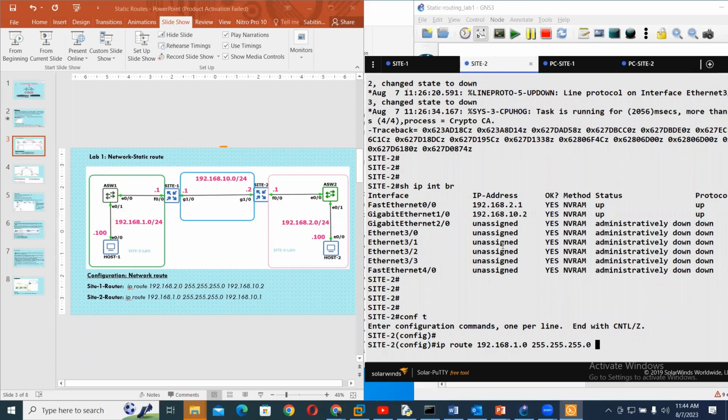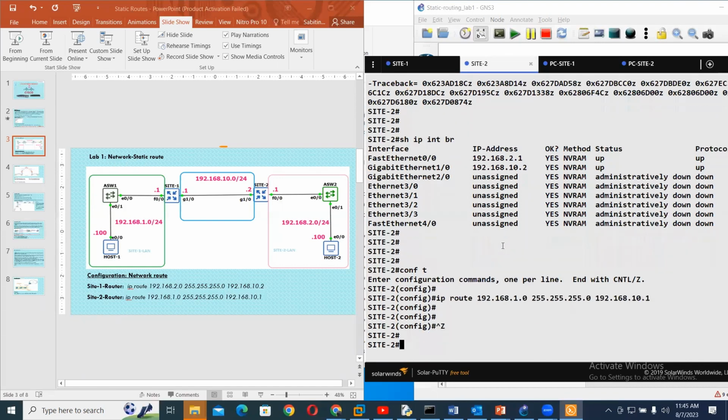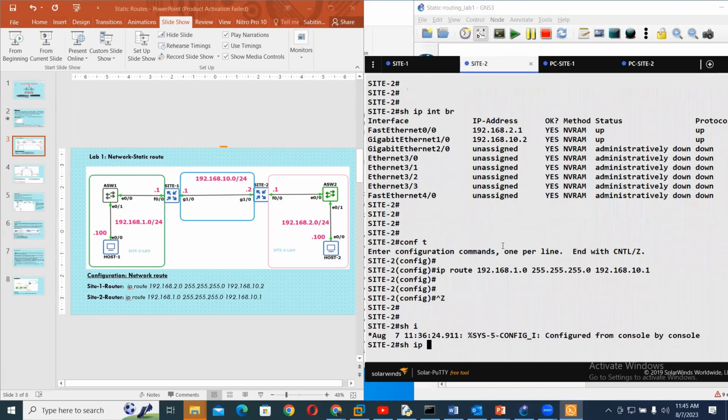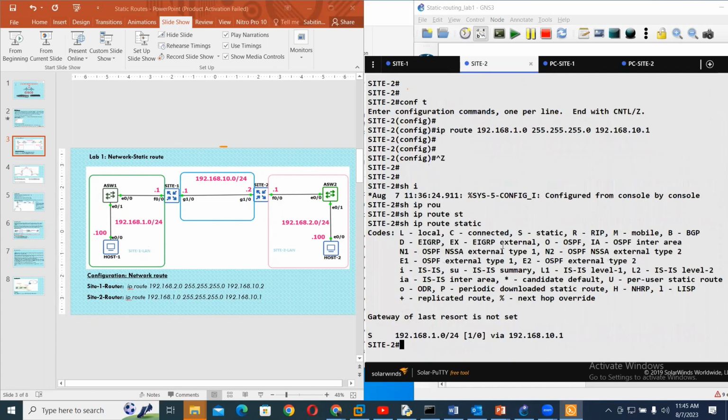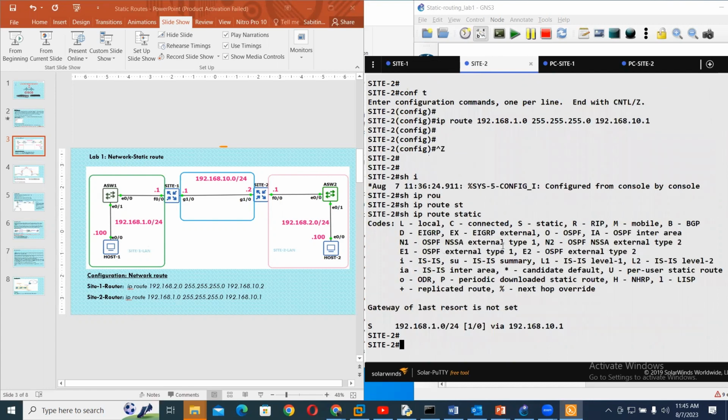Our next hop is 192.168.10.1. Show IP route, specifically static. Yes, now we can actually see our static route here.